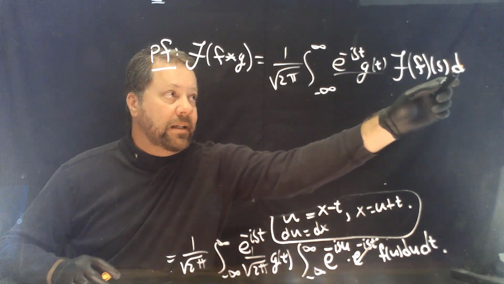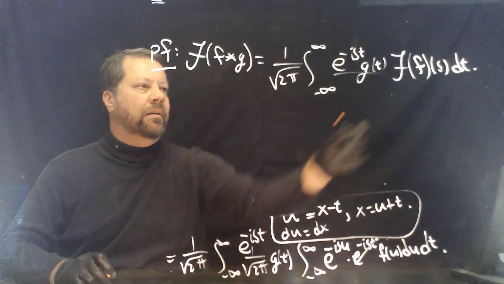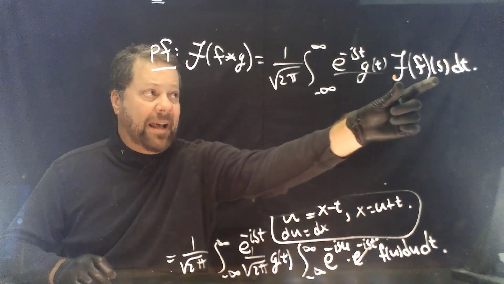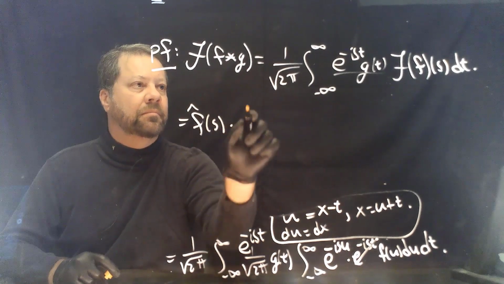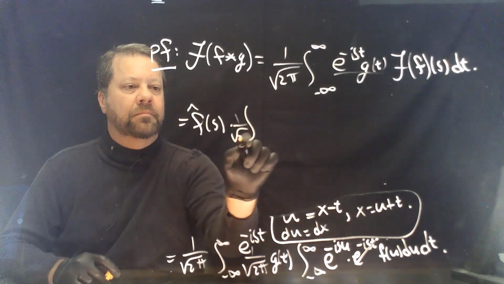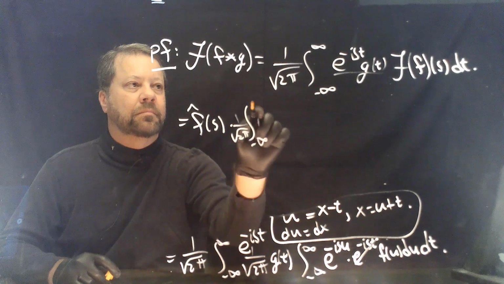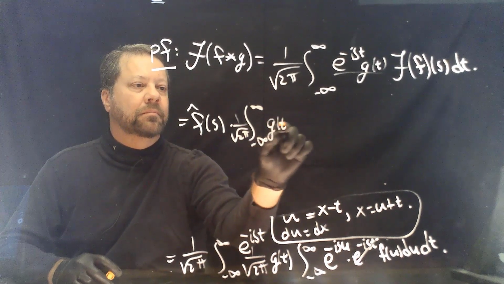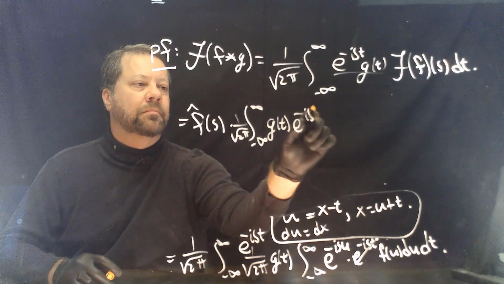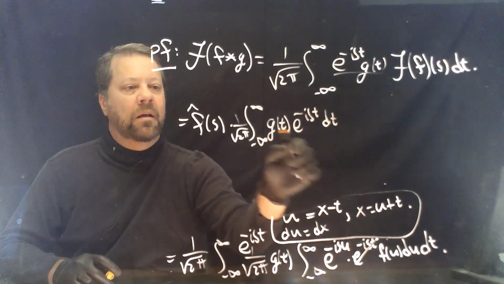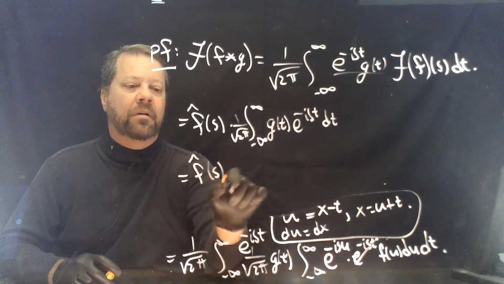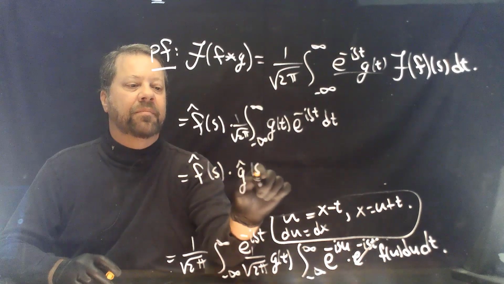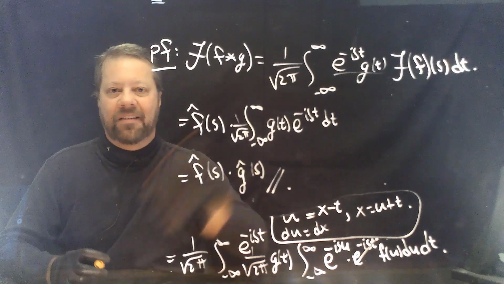Let's see, dt. This part depends only on s. And what's left over is the Fourier transform of g. And that's the end of the proof.